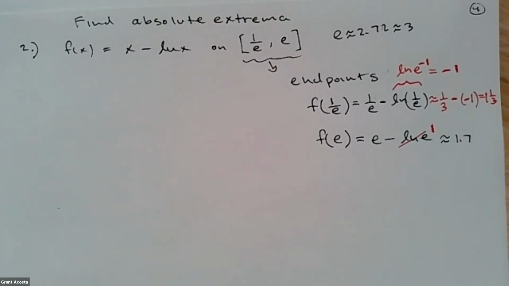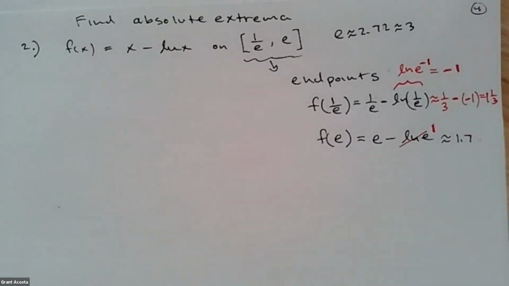So as it stands now, who's my highest point? Which is bigger? This is certainly bigger than 1 1/3, huh? So right now, that's my candidate for my absolute max. And maybe this is my min, but what's left to check? Where else can absolute max min points occur? Where the derivative is equal to 0, yeah, or undefined.